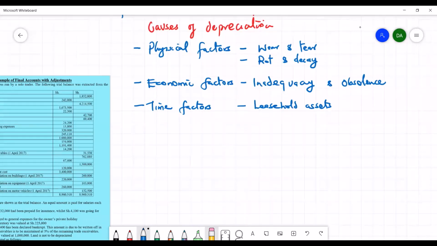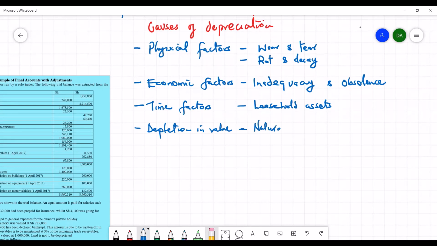This is followed by depletion in value. Depletion in value usually affects mostly natural resources, such as oil and minerals, which are exploited.